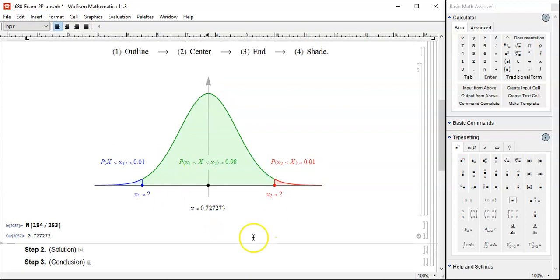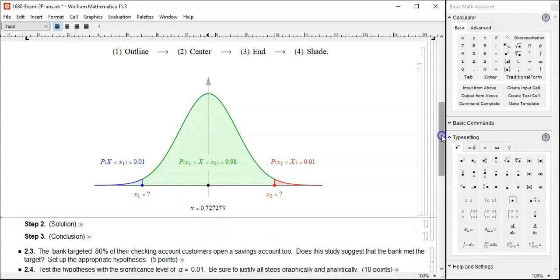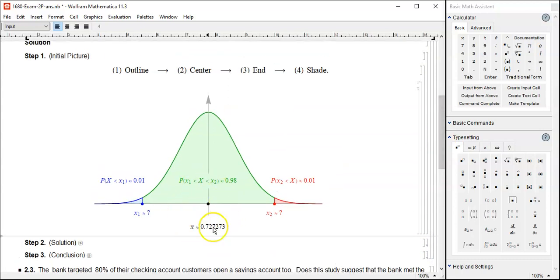That's the observed proportion. That's the proportion the sample study gave us, so that goes to the center.